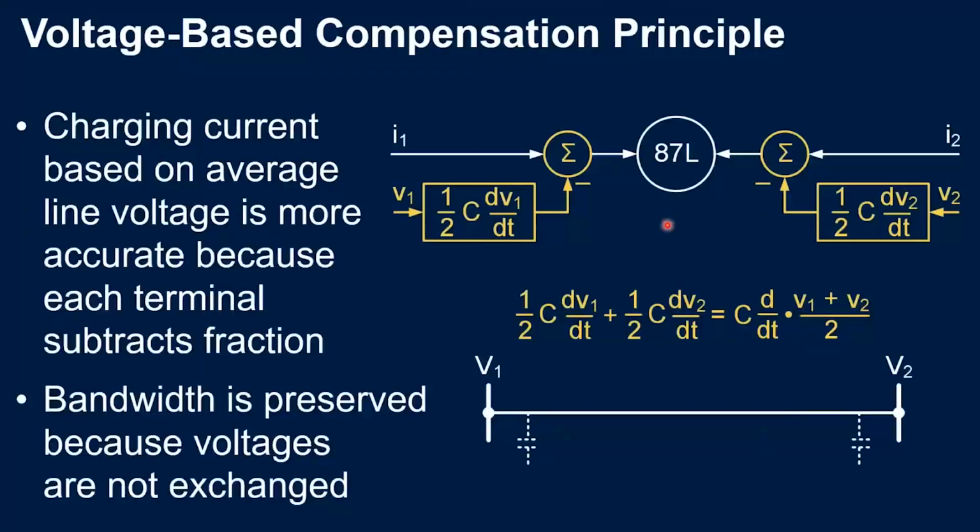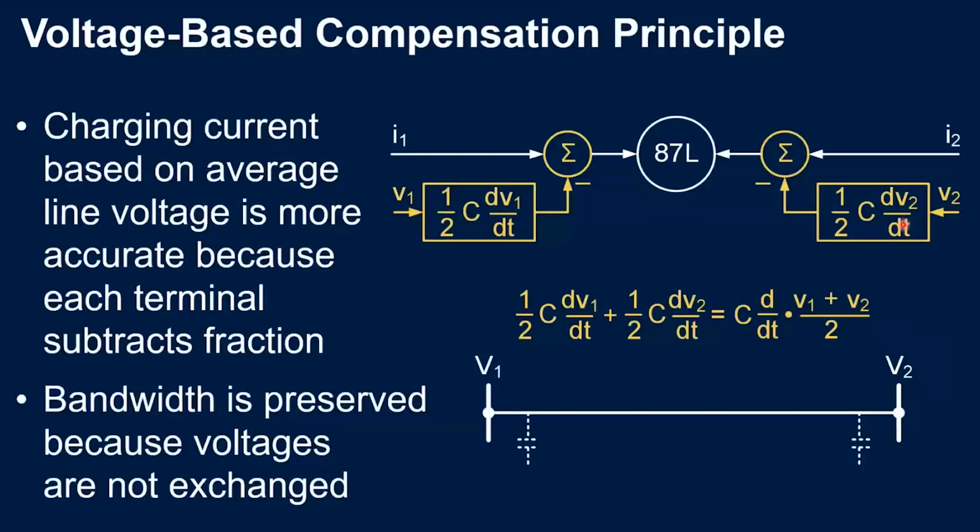Because locally, we will subtract a part of the charging current in each relay. So when they share the information, this has already been subtracted from the current that is sending, okay? And it's done depending on the number of terminals, okay?